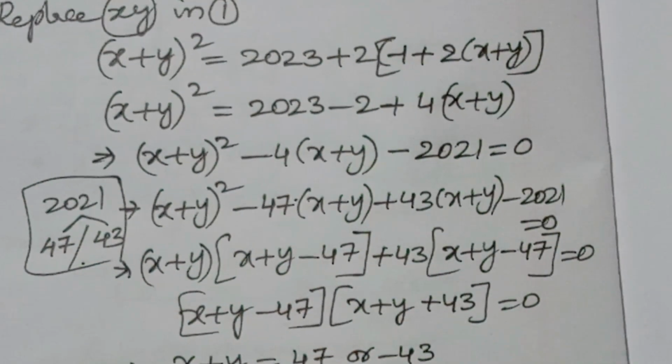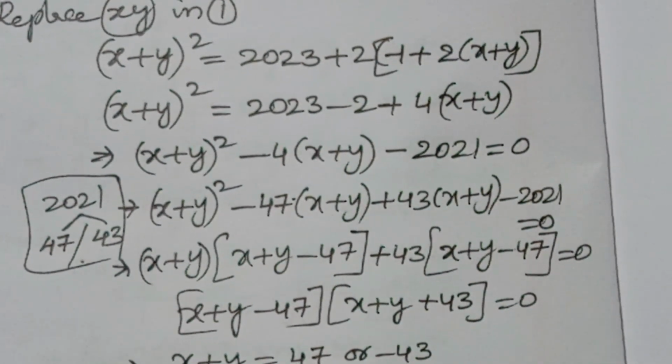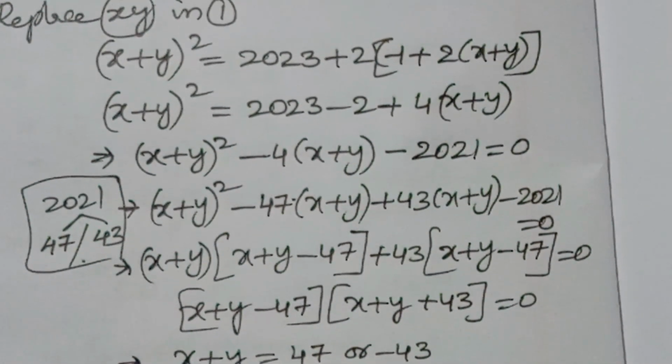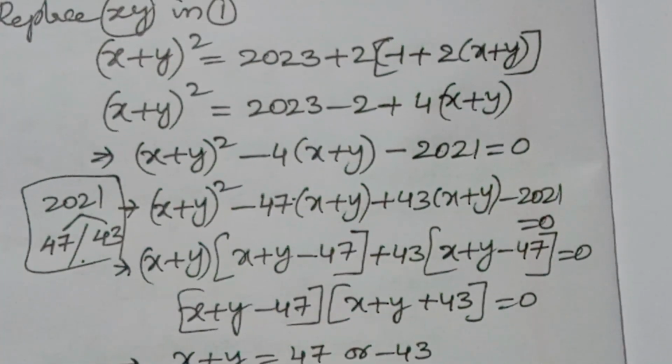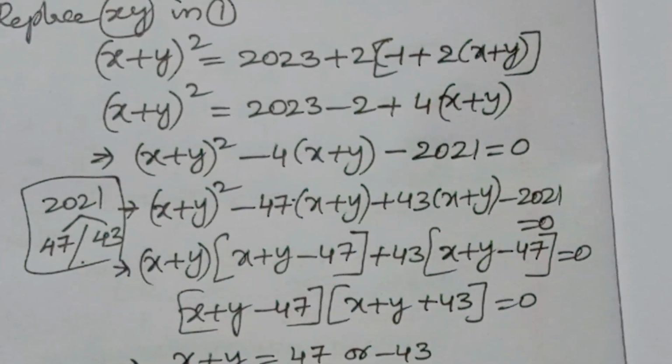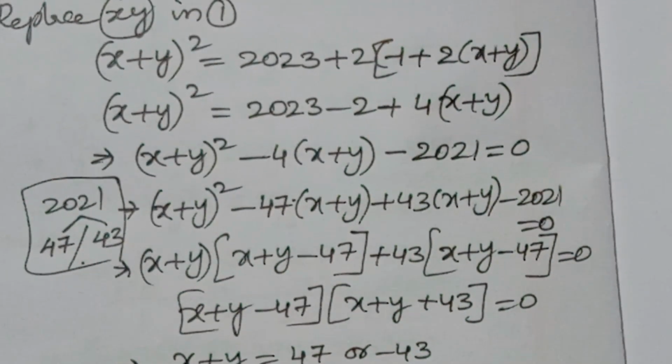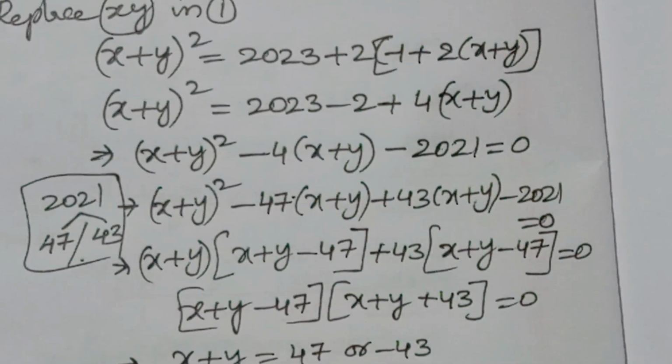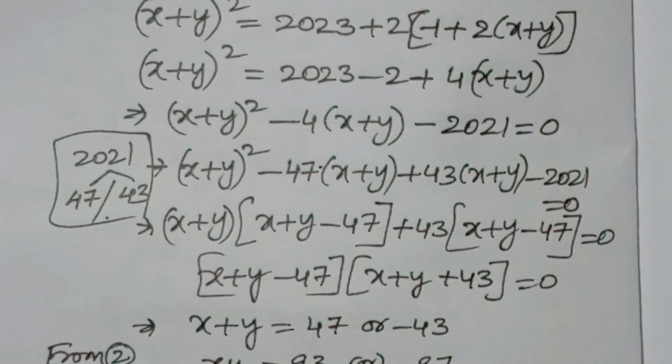Now if you replace this value in the second one, from the second one you will get xy is equal to 93 or minus 87.